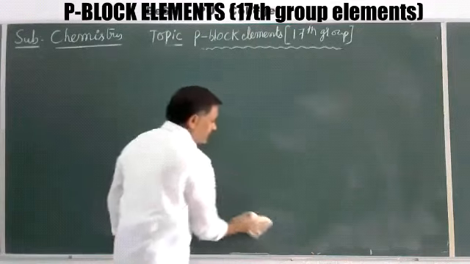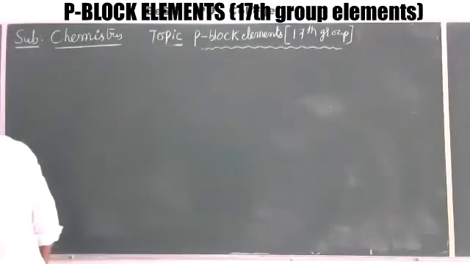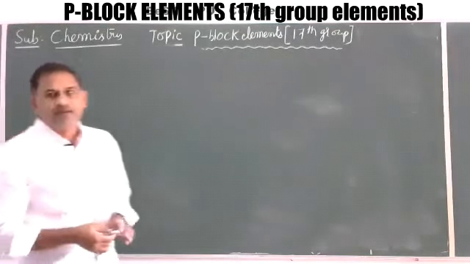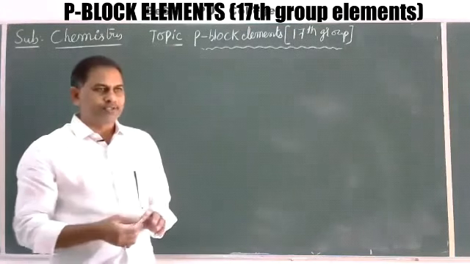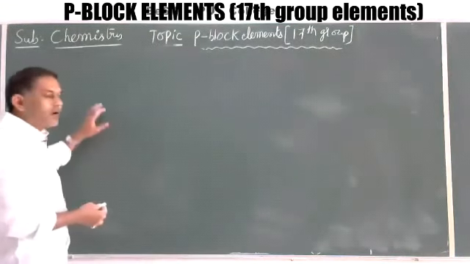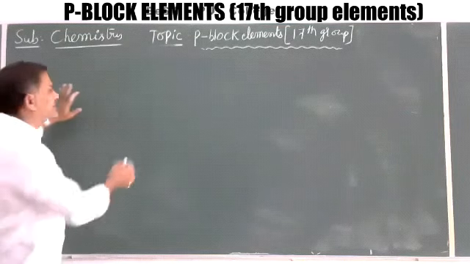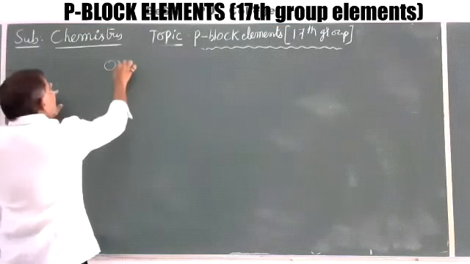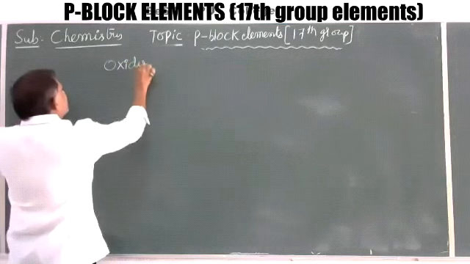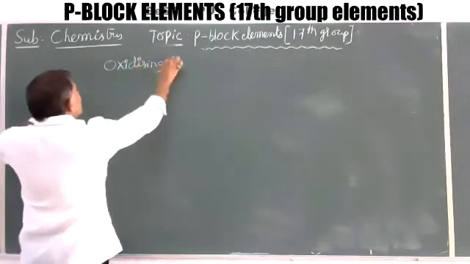Okay. Next, the last important property is the oxidizing nature of halogens. Oxidizing property of halogens.